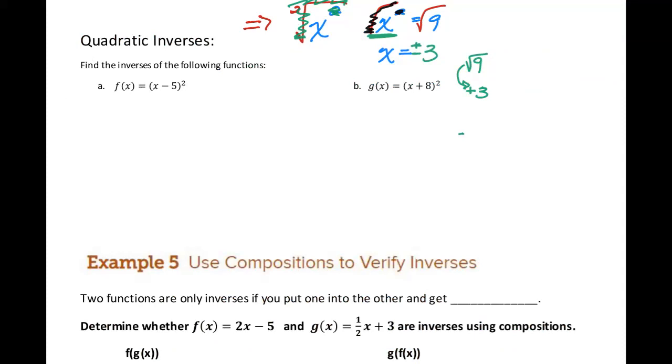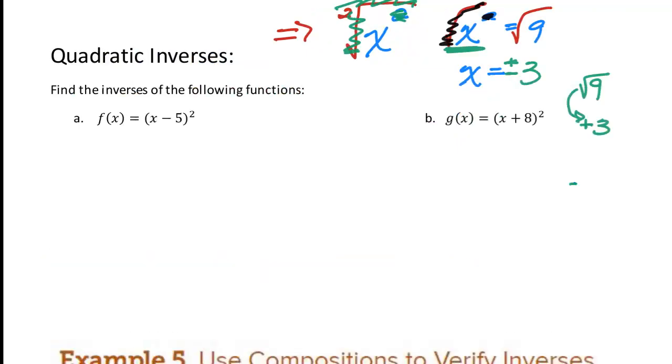So, to start off, I have f of x is equal to quantity x minus 5 quantity squared. That is called a quadratic. We want to find its inverse. That means I want to be able to swap x and y. But I don't have any y values. Okay?